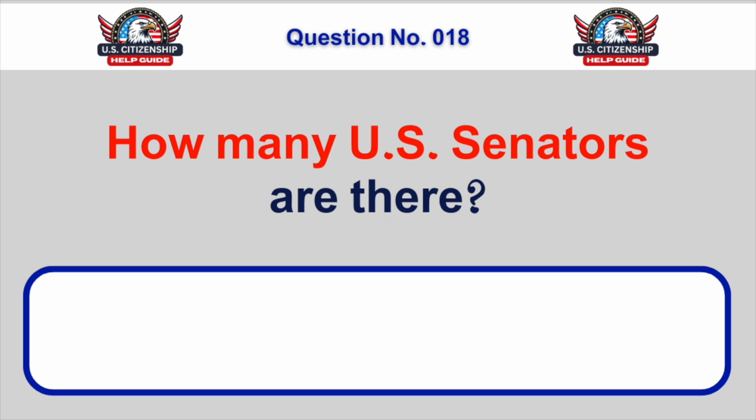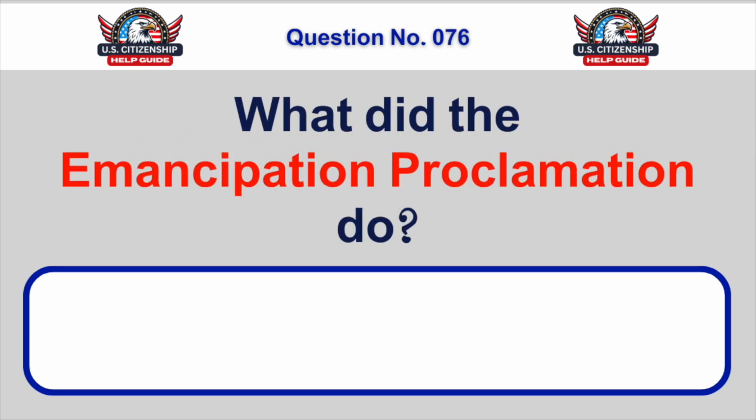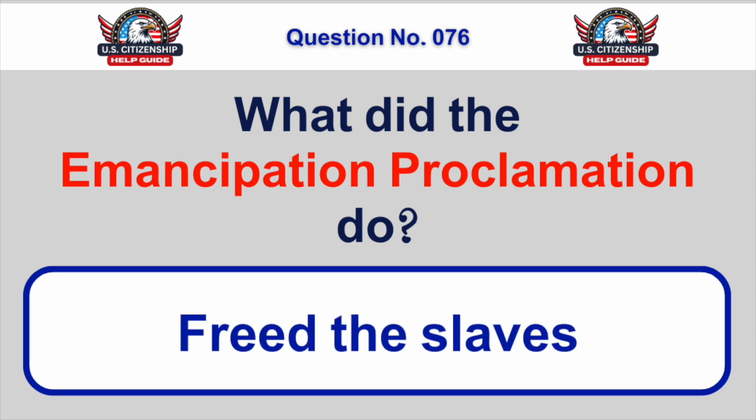How many U.S. senators are there? 100. What did the Emancipation Proclamation do? Freed the slaves.